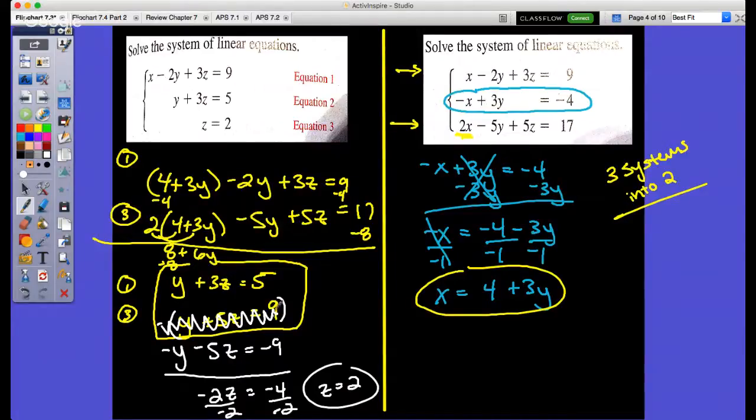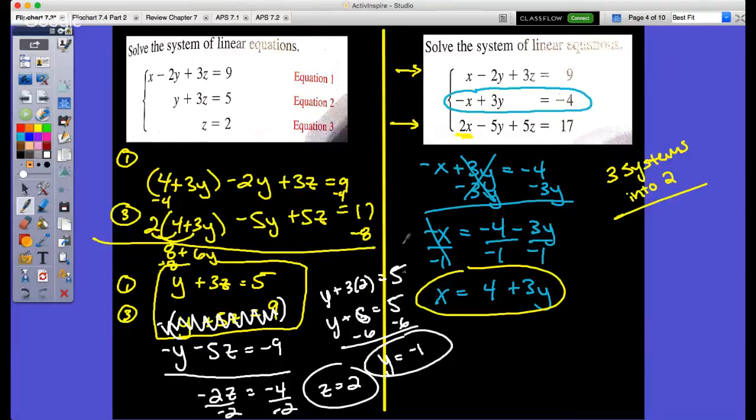I could substitute it in for this one up top, or really either one. Then we would get y plus 3 times 2, because I substitute 2 in for z, and that equals 5. So y plus 6 equals 5. So subtract 6, and y is equal to -1. Now, I could put either of these two in to find x.